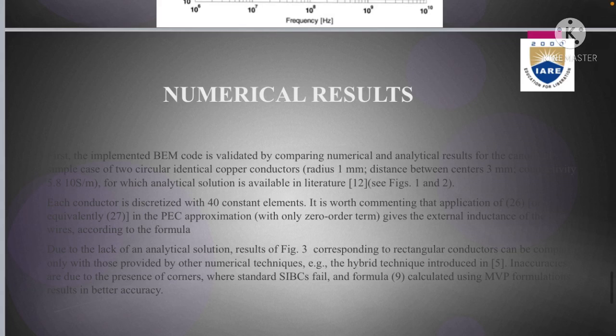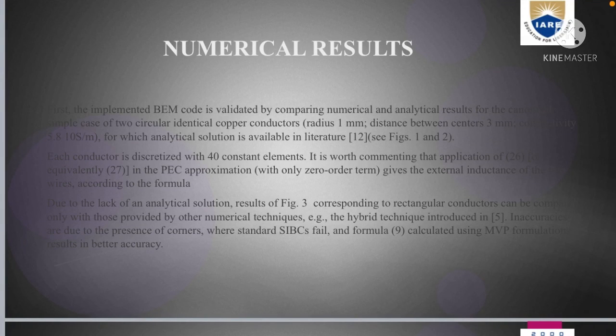It is worth commenting that application of 26 or equivalently 27 with a PEC approximation, with the zero-order term, gives the external inductance of the two wires according to the formula.